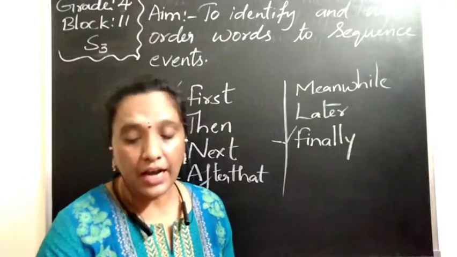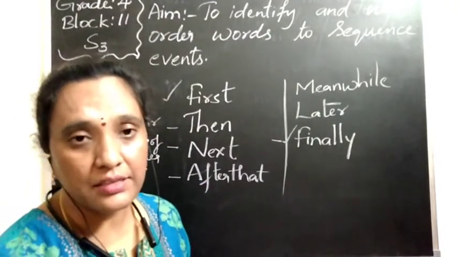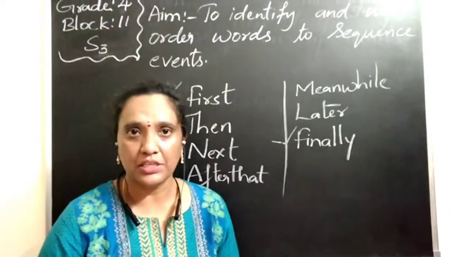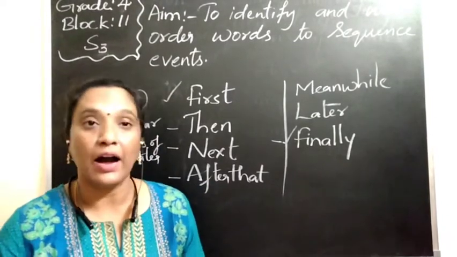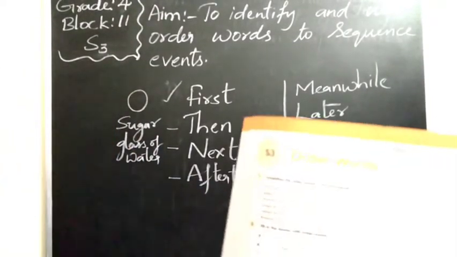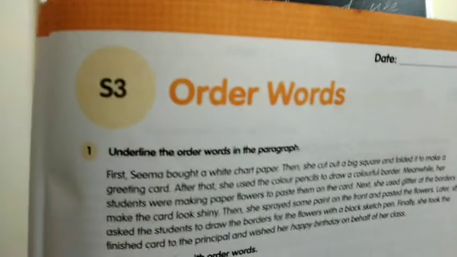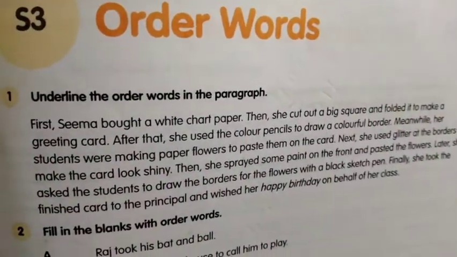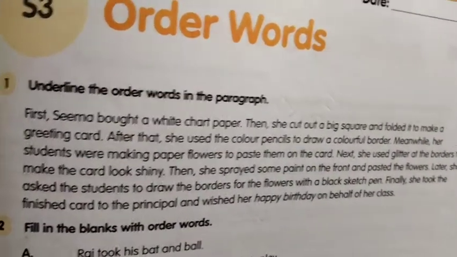Now, we can take the volume S3 and complete it by using these order words. So you want to identify. Now let us see page number 17, the order words. Underline the order words in the paragraph. So you want to read this paragraph.